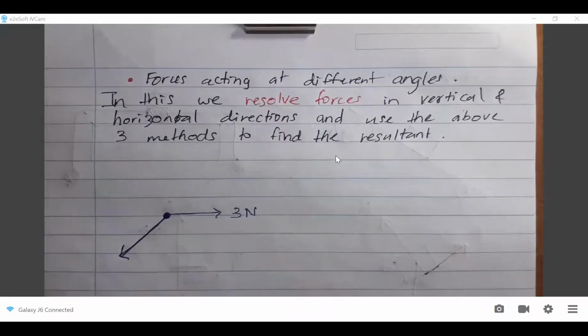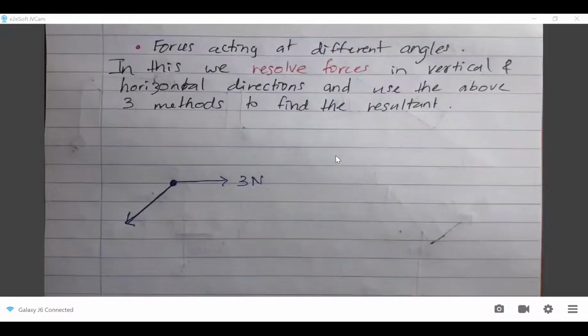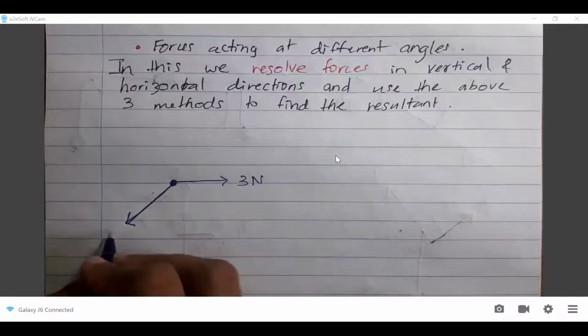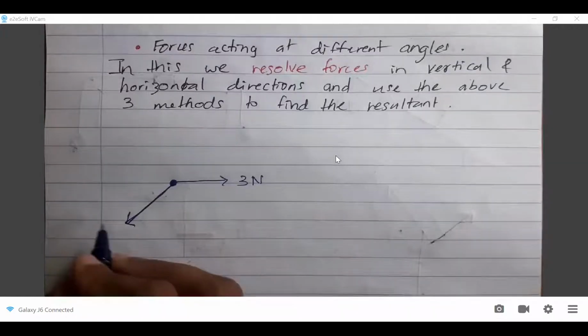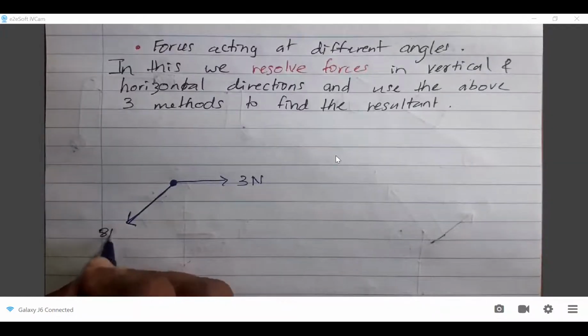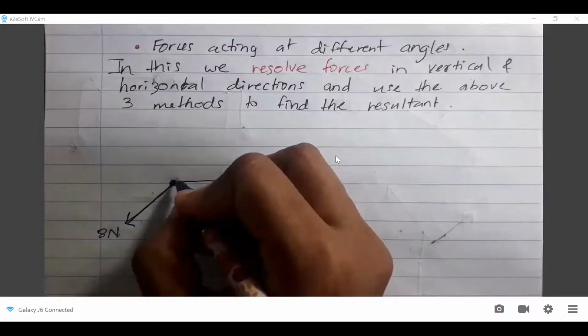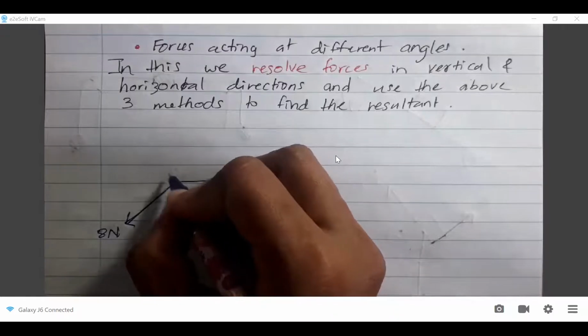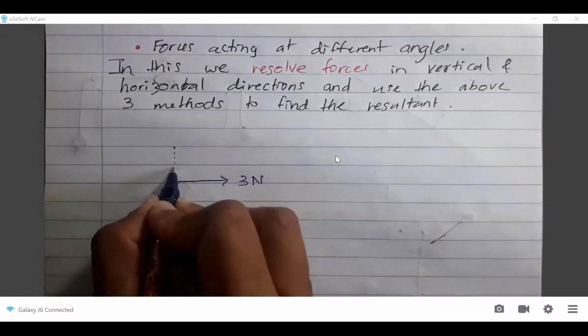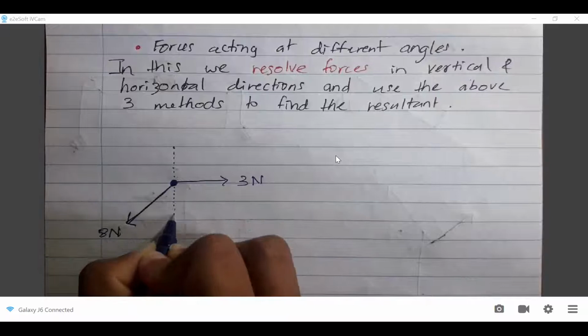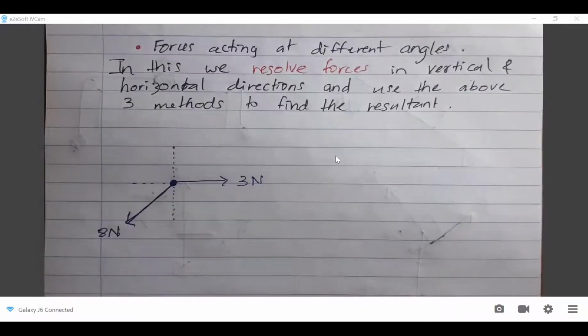So shall we just copy the diagram? Say you have 3 newtons in that way, 8 newtons this way. I'm showing with dotted lines the vertical and the horizontal.